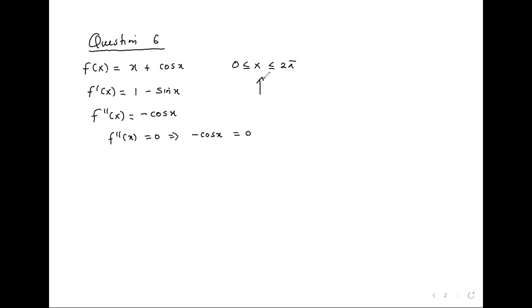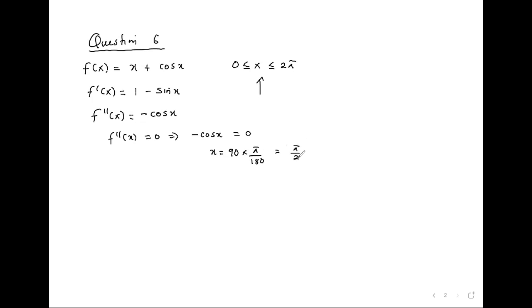In this interval, cos is 0 twice. It is 0 at x equal to 90 degrees, but 90 in radians is the same as 90 multiplied by pi over 180, which is pi over 2.